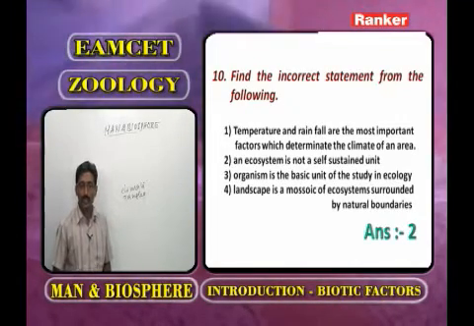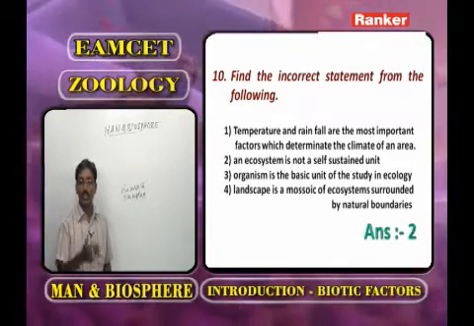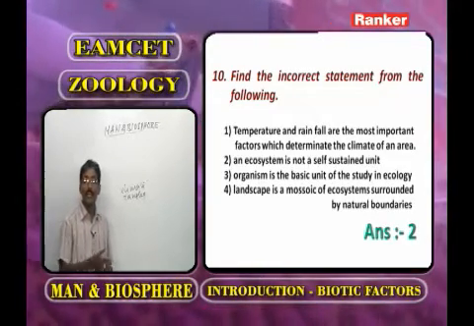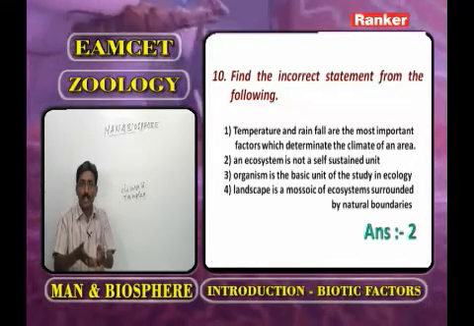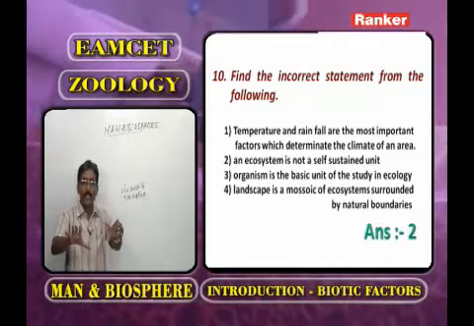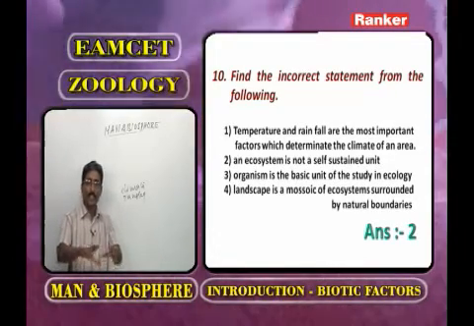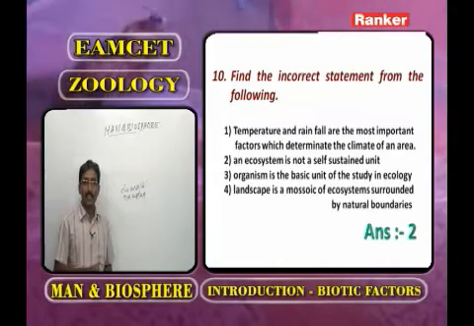What about the fourth statement? Landscape is a mosaic of ecosystems surrounded by natural boundaries. Now, what is meant by landscape? Assemblage of ecosystems. Take for example India, that is a natural ecosystem. India has natural boundaries.